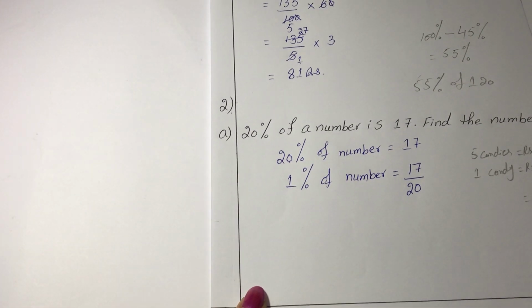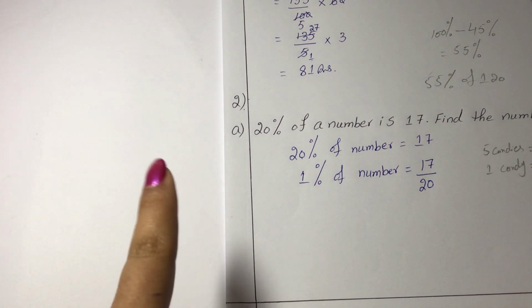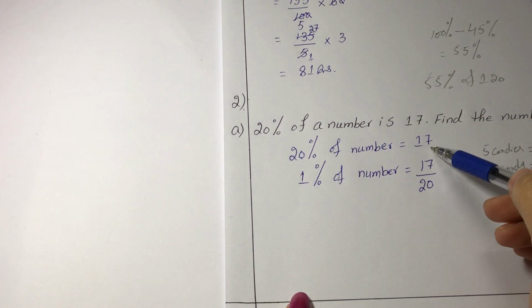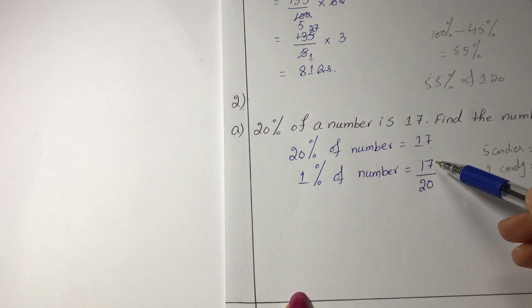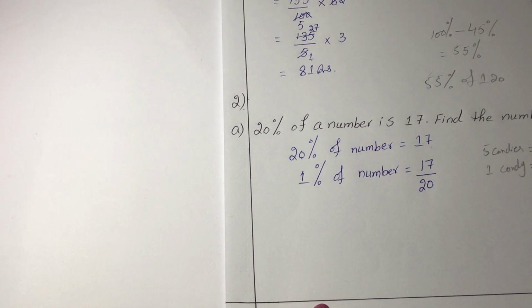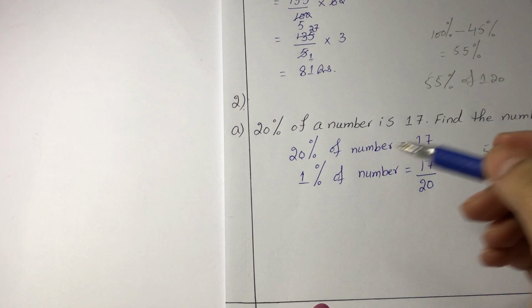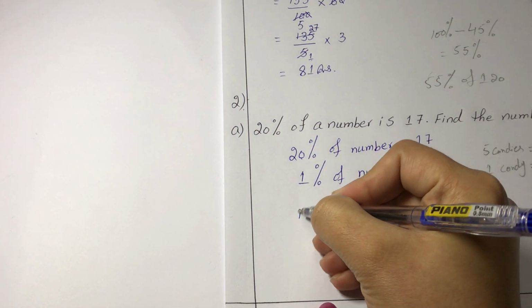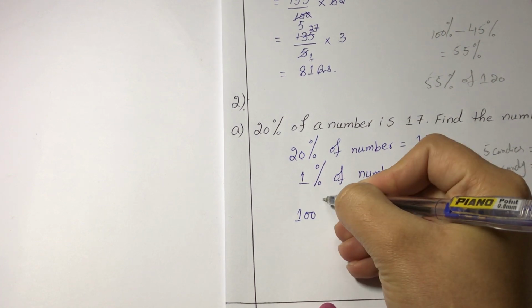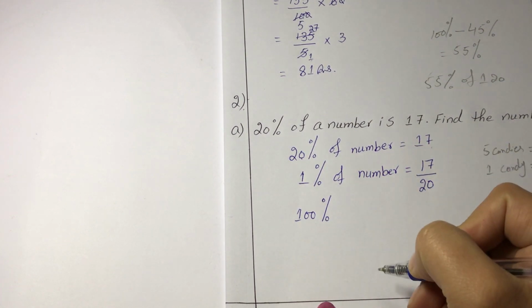Now, what you have to do? 20% of the number is 17, 1% of the number is 17 over 20, and we need to find out 100%, right? Because we need the complete number, and the complete number's percentage is always 100%.